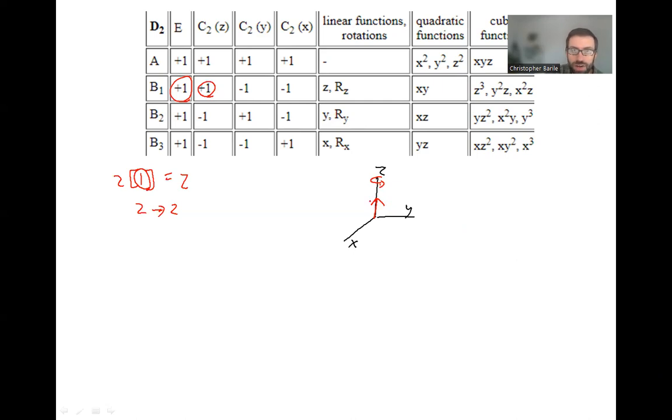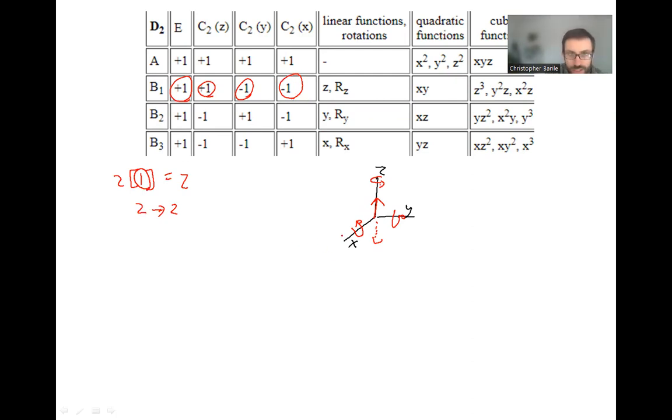But now if you do a C2y, that's now flipping this. It's doing a rotation that way. So that's going to flip z into negative z, which is why you get a negative 1. Similarly, if you do a flip that way on the z, that's going to flip things down, and so you're going to get a negative 1.